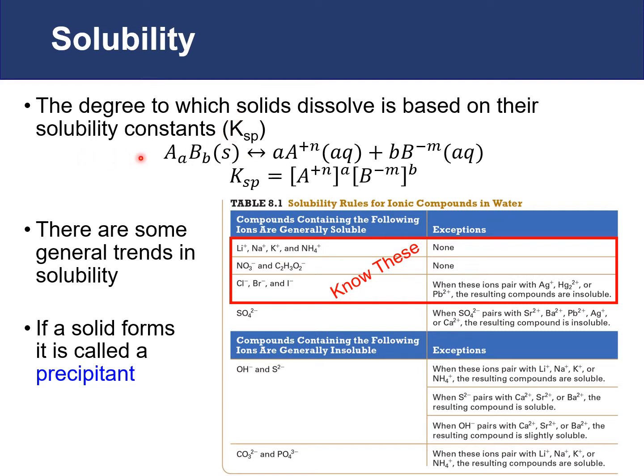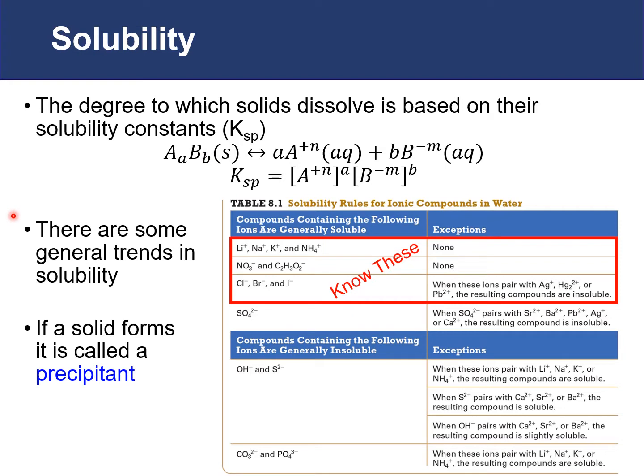As a reactant, you will have a solid which breaks apart, if we're talking about aqueous solutions, into ions. The KSP, therefore, would be your products raised to their respective coefficients divided by, well, 1. You would leave out the solid because solids do not change concentration.